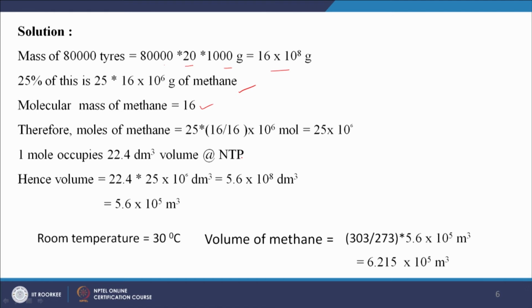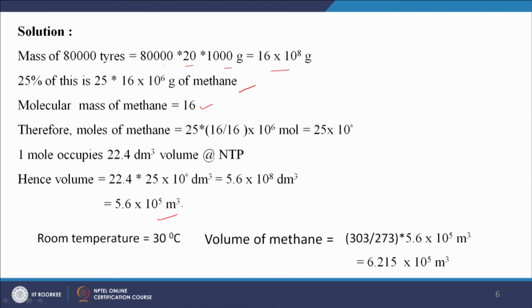So the volume of this methane will be 22.4 into 25 into 10 to the 6 decimeter cube or liter, that is equal to 5.6 into 10 to the power 8 liter, which is 5.6 into 10 to the power 5 meter cube. This is the volume of methane generated by this pyrolysis.